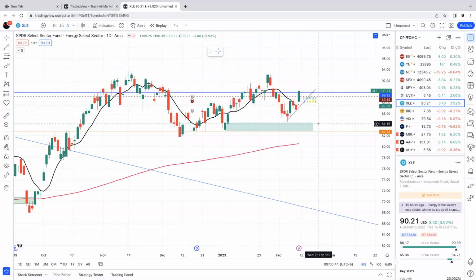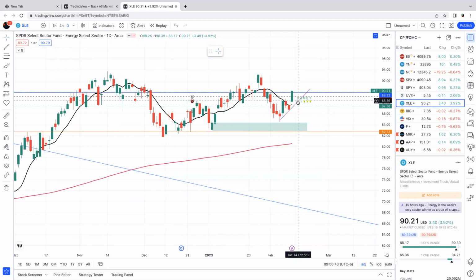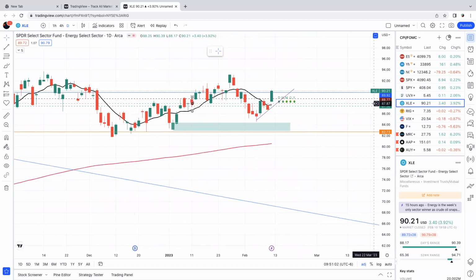So now, you know what I want? I want us to come back to this line before I get in. Maybe right here. I want us to come back down before I get in. Why? Because if I get in right here, where am I going to put my stop loss? Does that make sense?